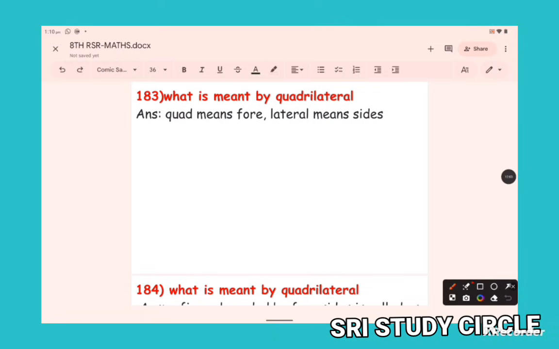What is meant by quadrilateral? A quadrilateral is a closed figure with four sides.